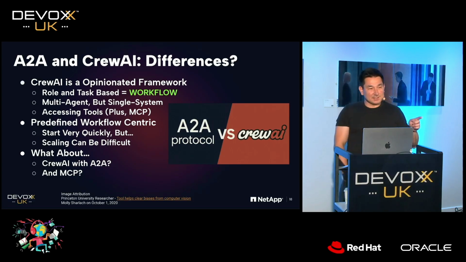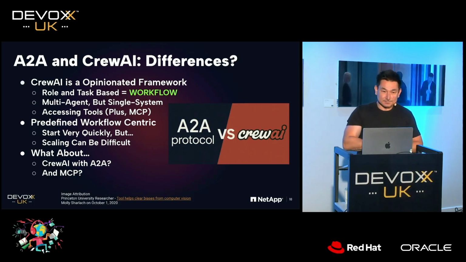So you can have agents talk to each other, but if we're defining it all in code, it's in one process on a single system. And that's the difference. Multiple agents talking to each other, they can access MCP and all the tooling that they need, but it's on a single process in a single crew on a single system.